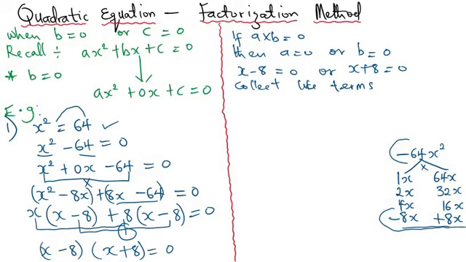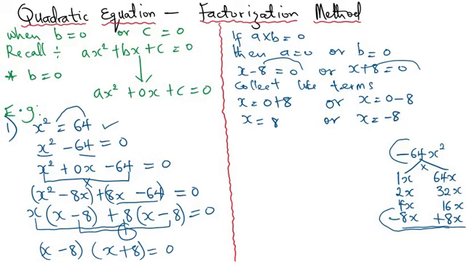The left hand side becomes x equal to 0 plus 8 when minus 8 crosses the equation sign. Now from the right hand side, x is equal to 0 minus 8 when plus 8 crosses the equation sign. So this becomes x equal to 8 or x equal to minus 8. So therefore x is equal to 8 or minus 8. This is what our answer will look like: one will be positive and the other will be negative anytime b is equal to 0.